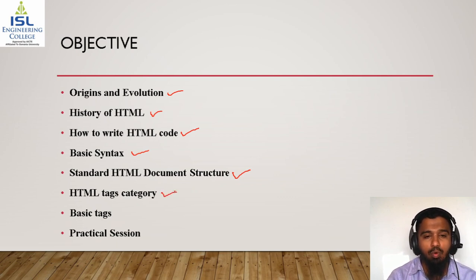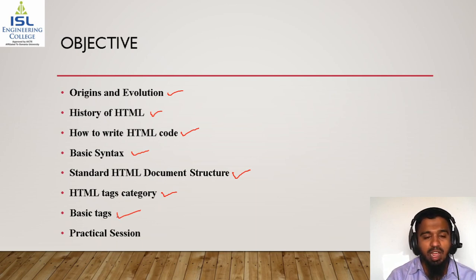Next, HTML tag categories. This is very important because HTML works on tags, and there are different categories of tags that you can use. Today we will see basic tags like paragraph, html, head, title.